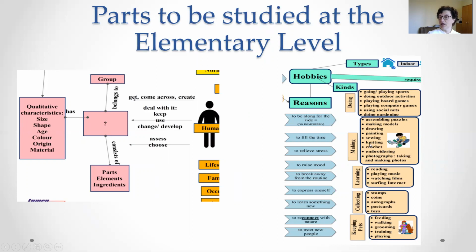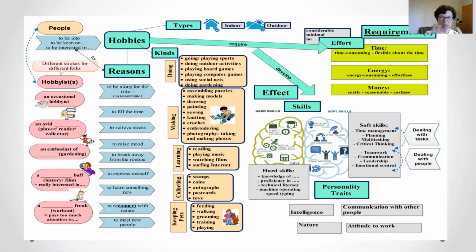For example, I like playing computer games to fill the time and to relieve stress. If again we go back to this big map, we will see that we can build an endless number of phrases using not the vertical approach but the horizontal one.